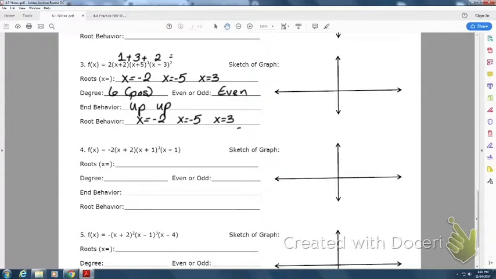So Max, the x equals negative 2. What is the root behavior at that x-intercept? Cross, and then the next one would be twist, and then bounce. Awesome. So I've got negative 5, negative 2, and positive 3. How do you twist that? I'll show you.